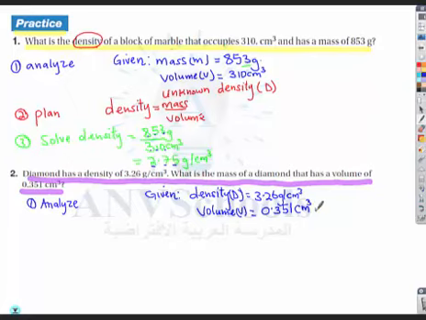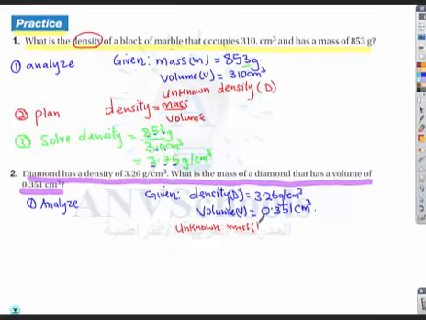Unknown. The unknown now, unlike in the first instance where unknown was density, here unknown is the mass.